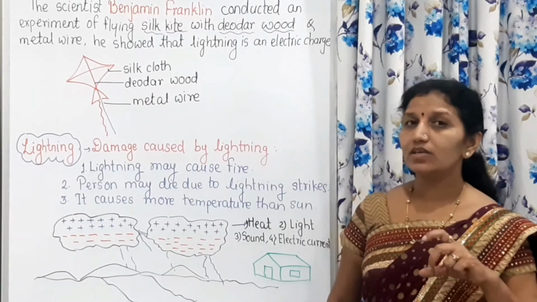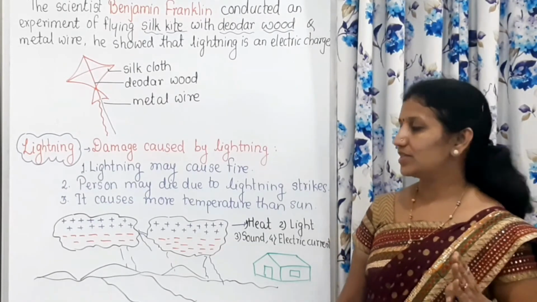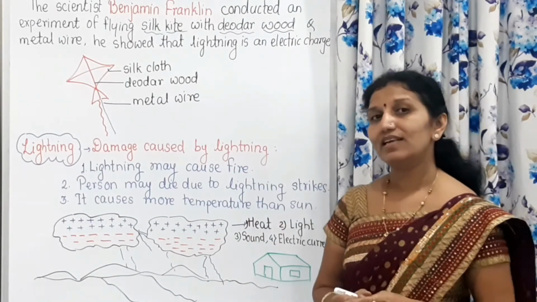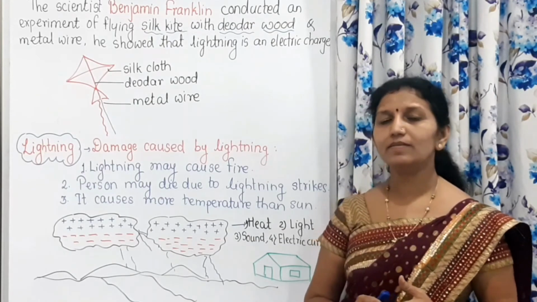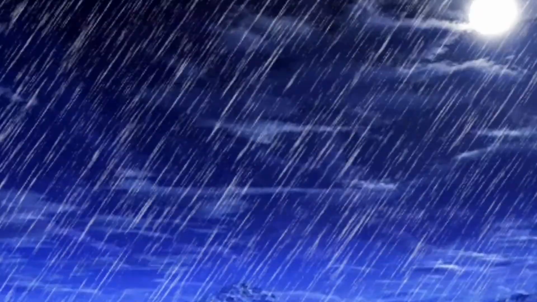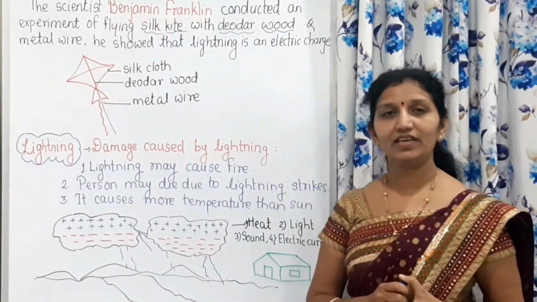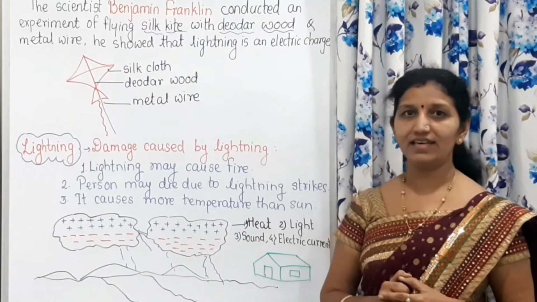They may have fluctuations in the voltage and they may get damaged due to this lightning strike. In this way, lightning and lightning strikes are phenomena caused at the time of heavy rains. And in this way, lightning is also very disastrous. It is a natural disaster and it is a very fatal one.